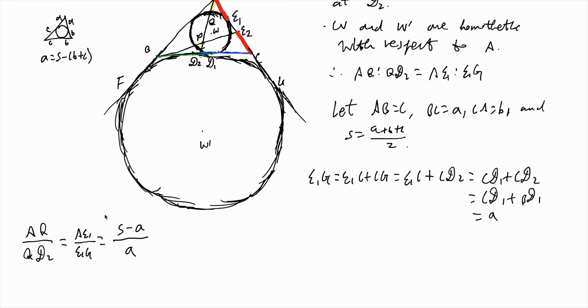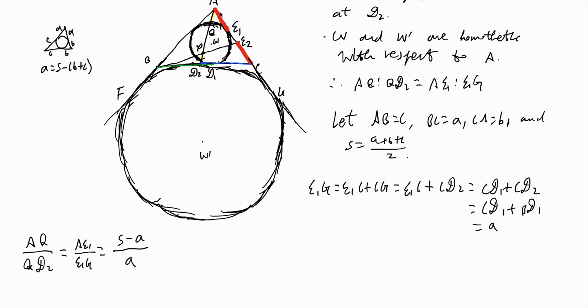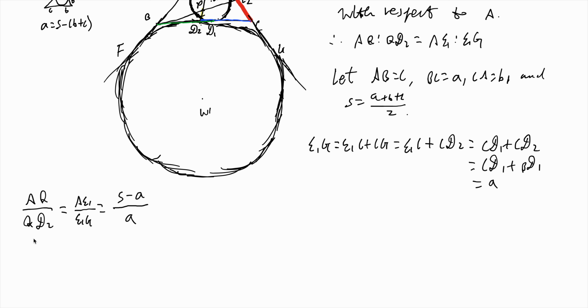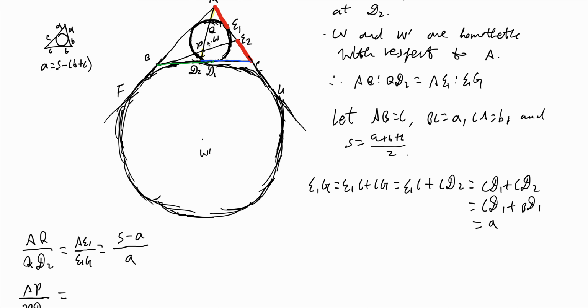Now because we know AQ to QD sub 2, why don't we try AP to PD sub 2? That way we utilize the three points, PD sub 2. And like always, this is equal to, so what is AP?